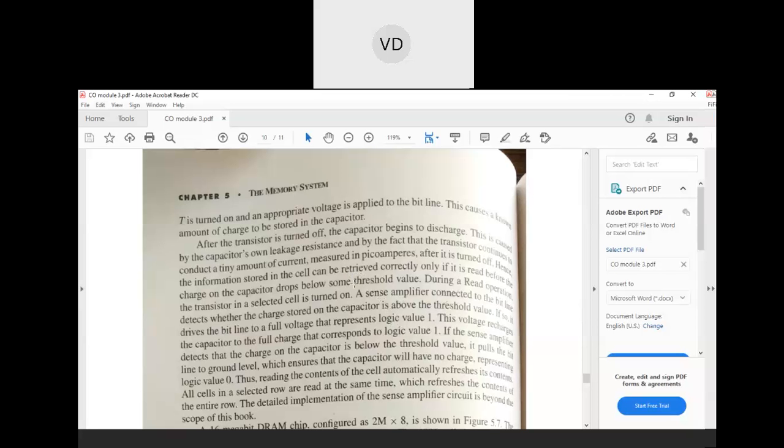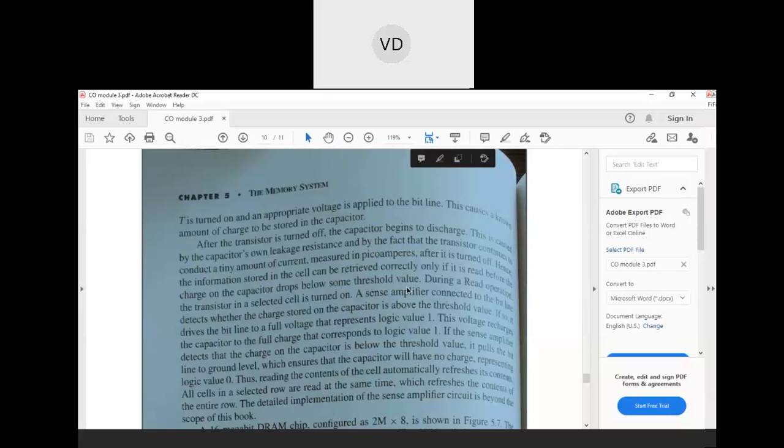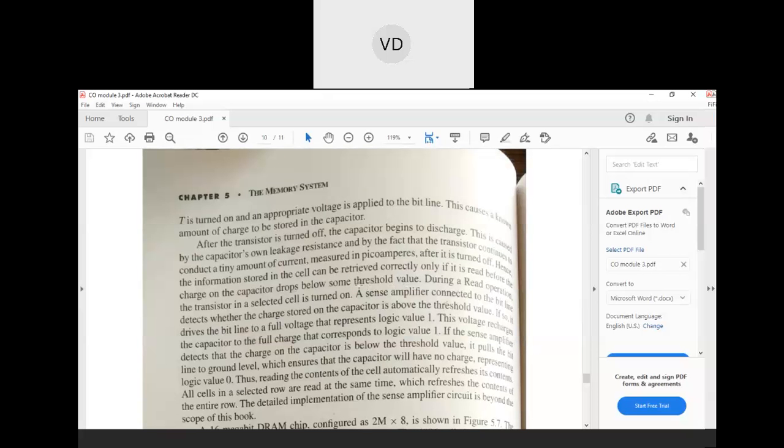What do you mean by threshold? Yes, tell me. Threshold is like an average value or a minimum value. Okay. So whenever the charge drops below this threshold value, the data cannot be stored in it. The data will be lost.